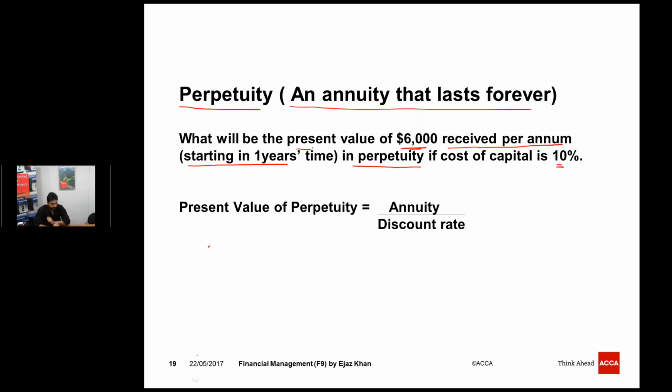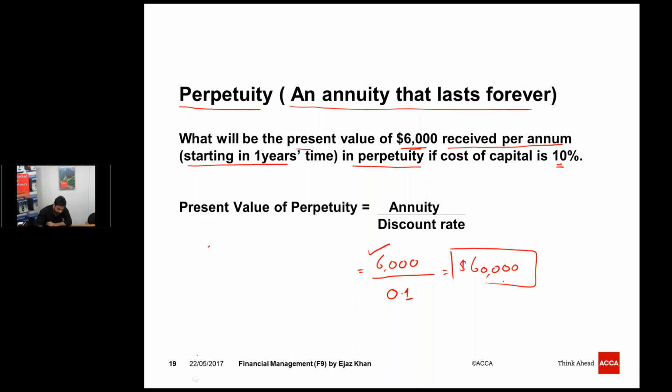So what we have to do is to calculate the present value of $6,000. It's very simple. Just take the annuity, that is $6,000, and divide it by the cost of capital or discount rate, that is 0.1. So you'll get the present value, that is $60,000.